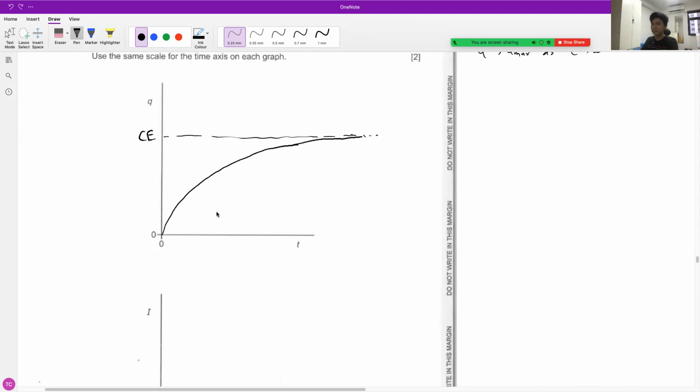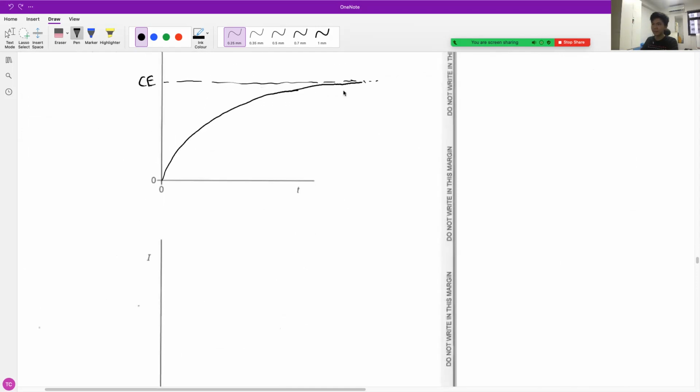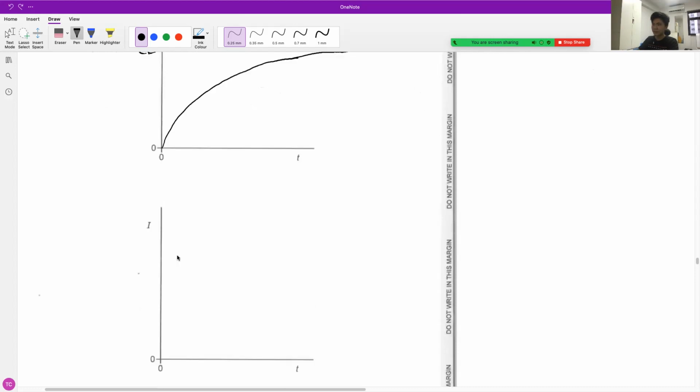So I is actually just dq/dt, which if you differentiate this graph, you realize that at very far time it is approximately 0, but at the initial time is when your current is the maximum. So if you go ahead and plot it, it's going to look something like that, with an asymptote to 0.